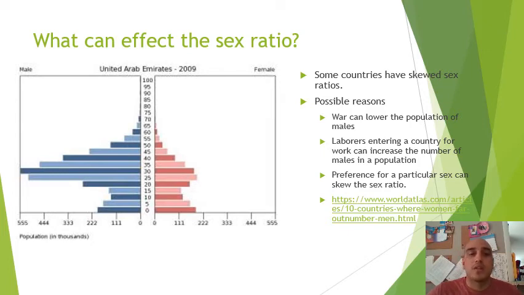Certain times you may see this in the opposite, where you have a lot more females than males, and those reasons may be because of war, they may be because of a preferred sex. Maybe a country wanted more girls than boys, and maybe in China, no, I'm not going to say those things like that, but there are certain people who preferred one sex over the other, which could basically skew the sex ratio.